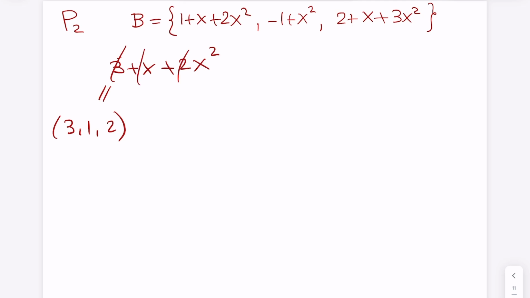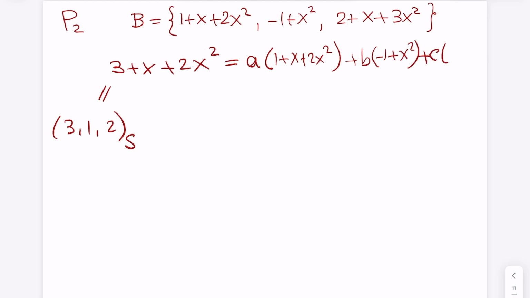These are the coordinates of this polynomial in the standard basis. But what are the coordinates in the base B? The idea is to find out by how much you have to multiply the polynomials in this base. So in order to get this, we will need some number times the first one, plus some number times the second one, plus some number times the third one.